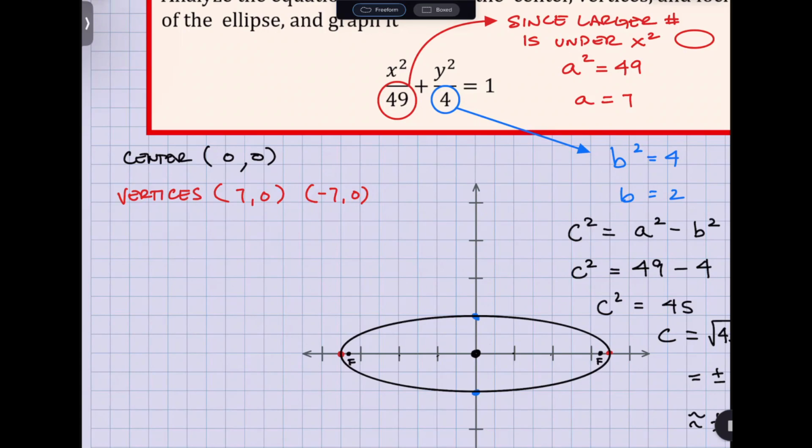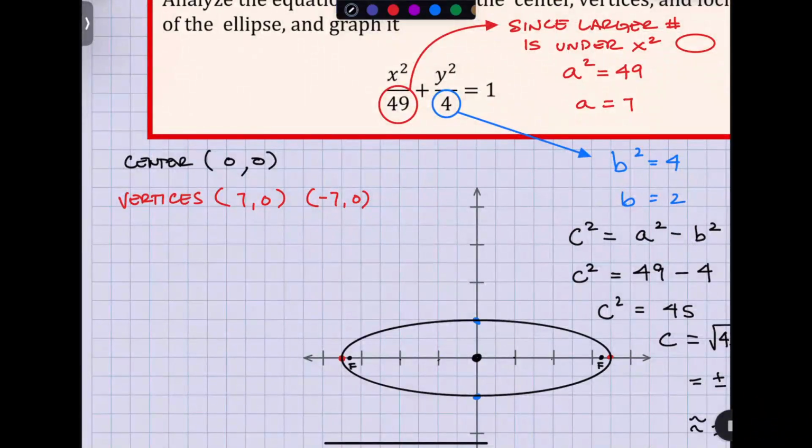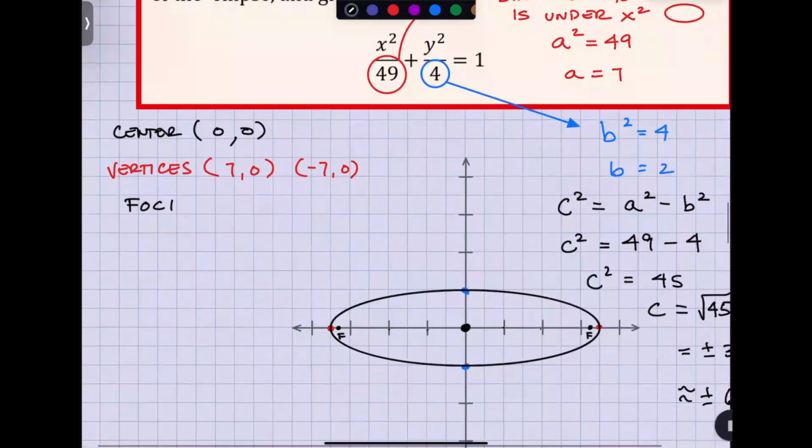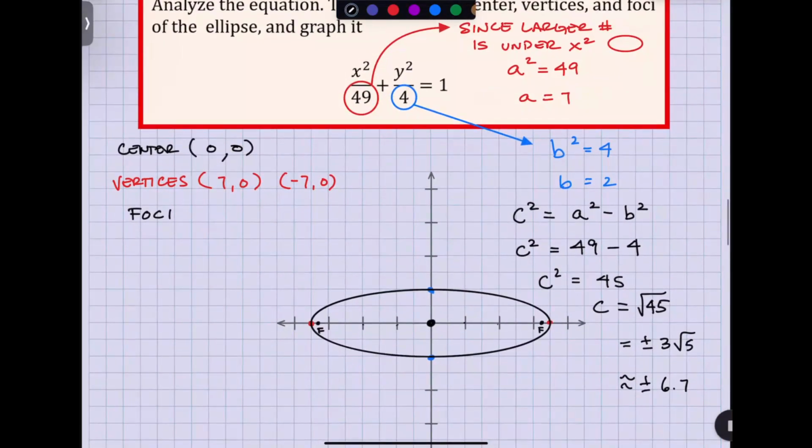Right? How about the foci? Where are the foci located?